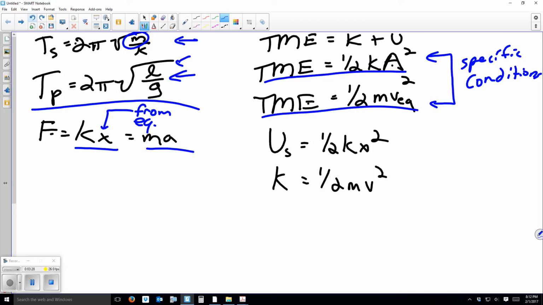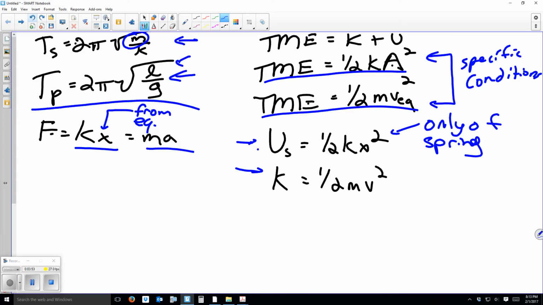Again, here are the equations, and kind of like with the period equations, know what affects each one of these. If you change the mass of a spring that you stretched all the way out, let's say you swapped the masses out and gave it twice the mass, you still are going to start with the exact same potential energy. This potential energy is only of the spring, right? We don't get potential energy from our mass at all.